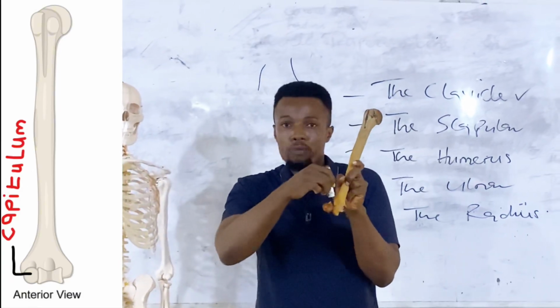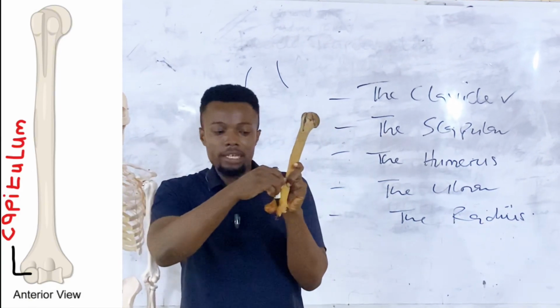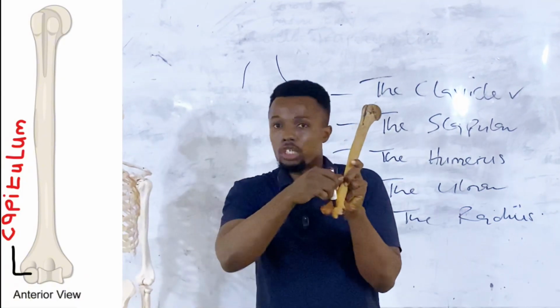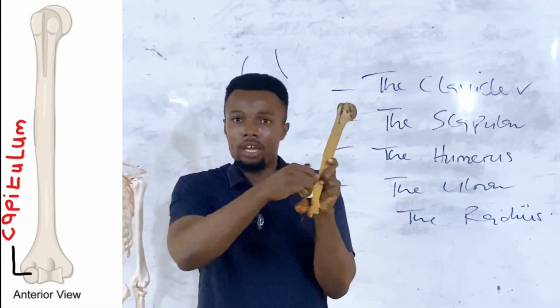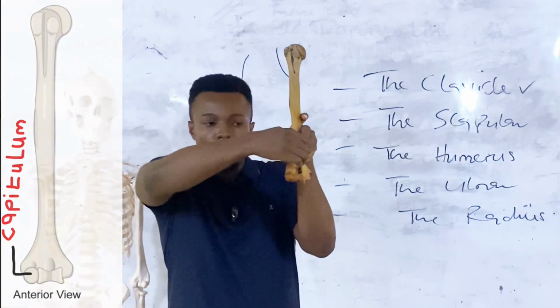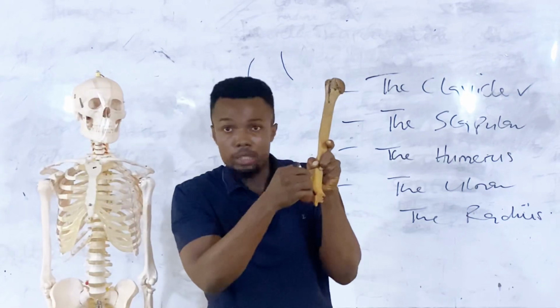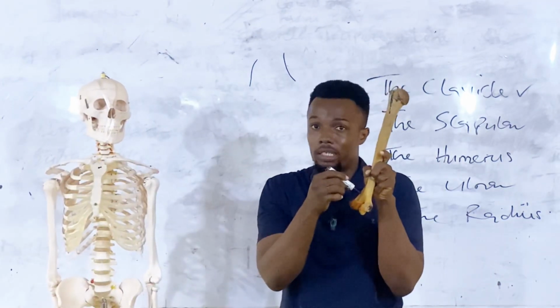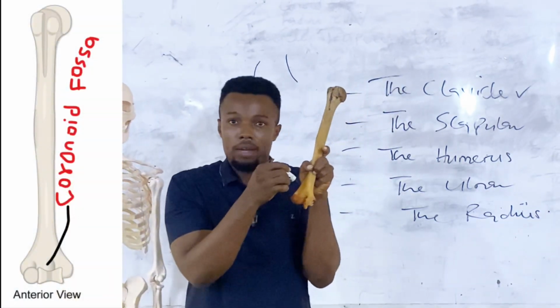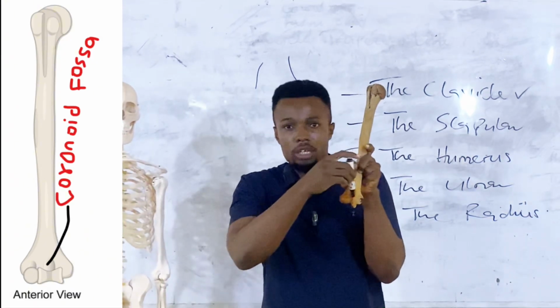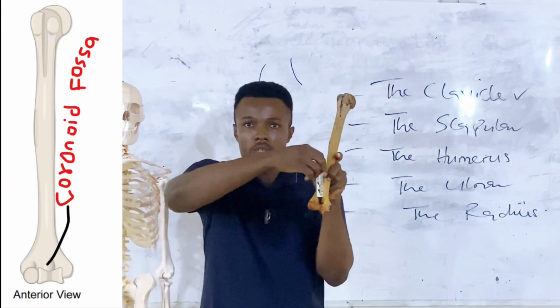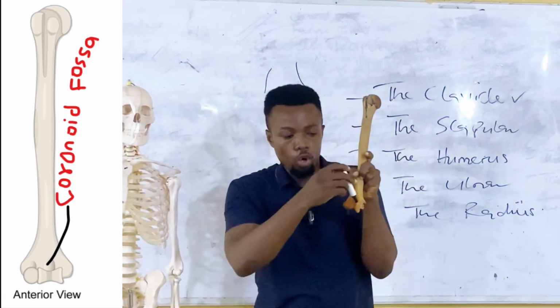Then on top of the trochlea of the humerus, there is a depression here, and it is known as the coronoid fossa.